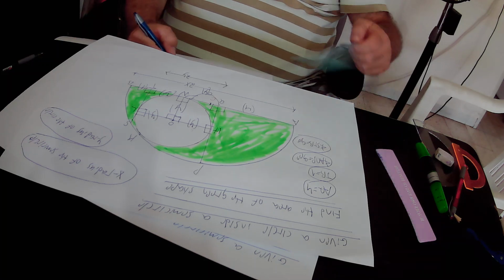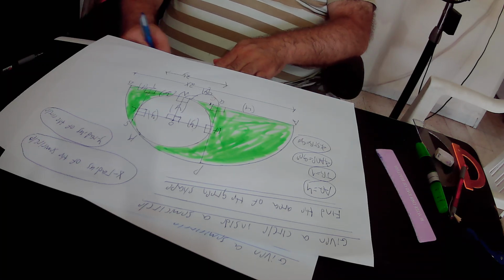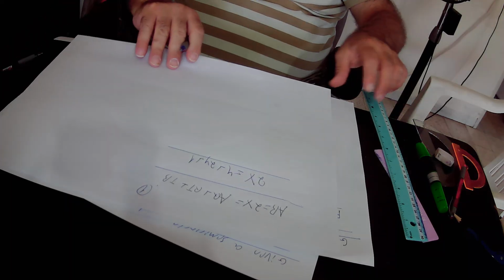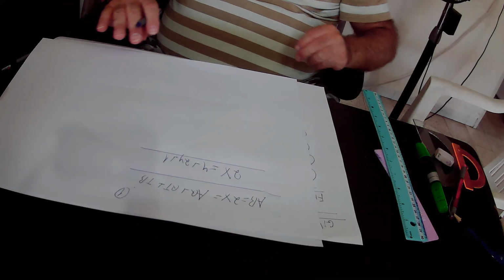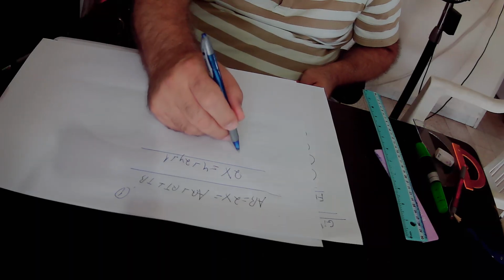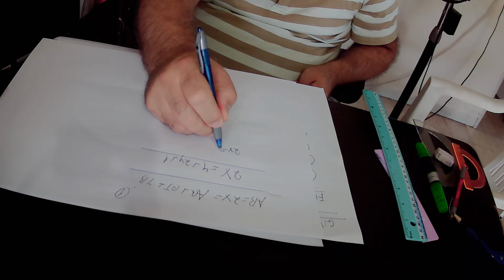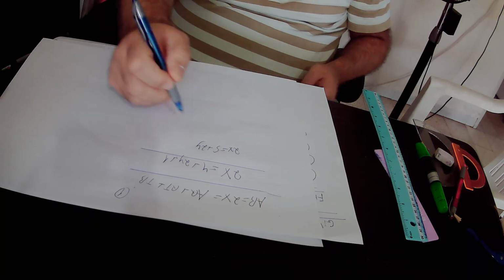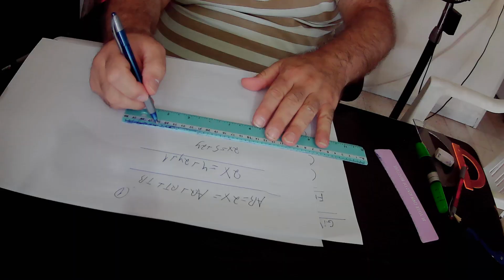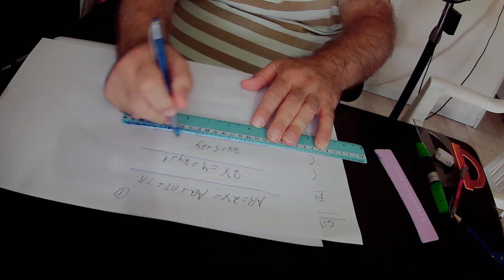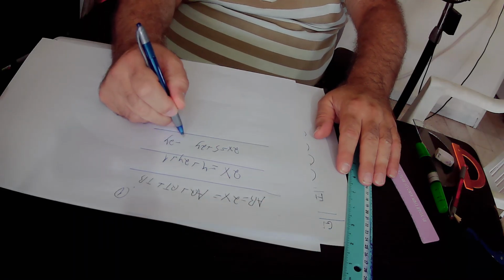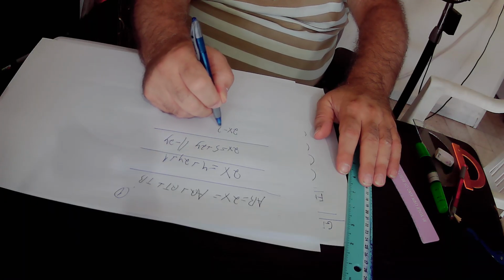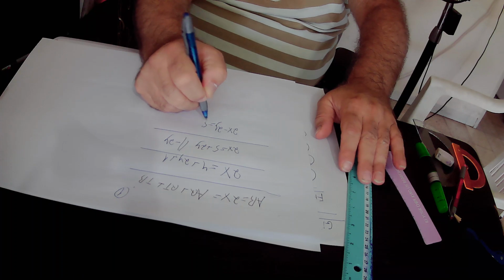So in total, we found out that 2x equals 4 plus 1 plus 2y. So 2x equals 4 plus 1 is 5, plus 2y. So 2x equals 5 plus 2y. Here we will subtract 2y from this equation, and we get that 2x minus 2y equals 5.